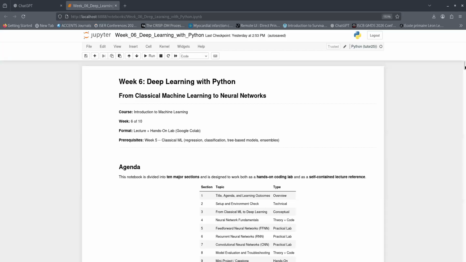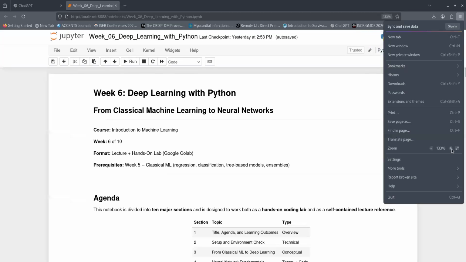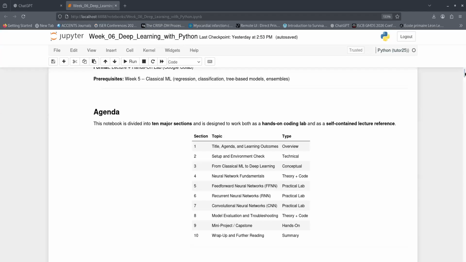So the agenda today: we have the title, the agenda, and the learning outcome, which is an overview. Then the setup and environment check, which is technical.